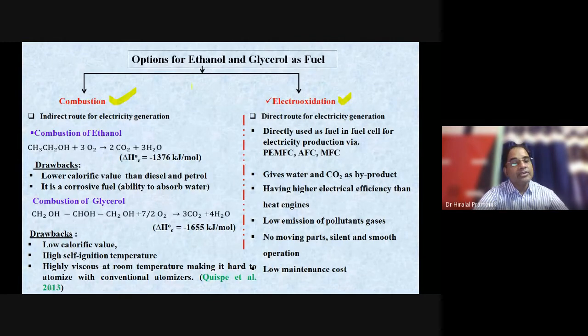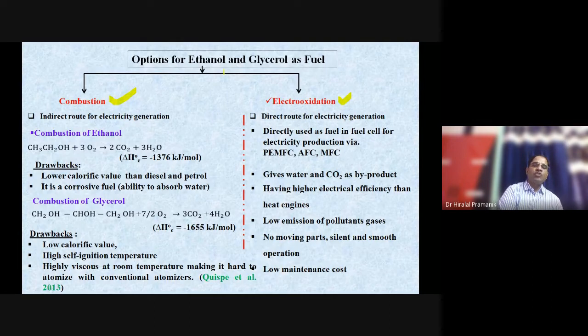But to get the heat energy, what are the drawbacks? First of all, low calorific value than diesel and petrol. It's a corrosive fuel. So that's why ethanol is not directly used as a fuel. And nowadays there are fuels blended with ethanol like 5%, 10%, 15%.